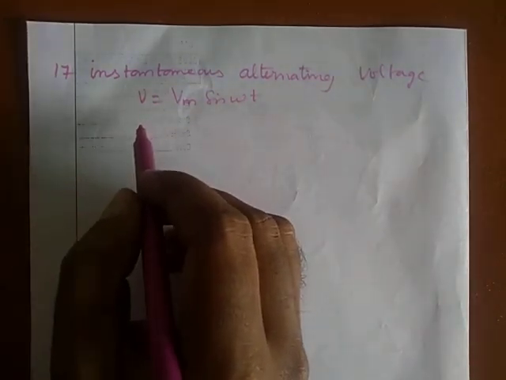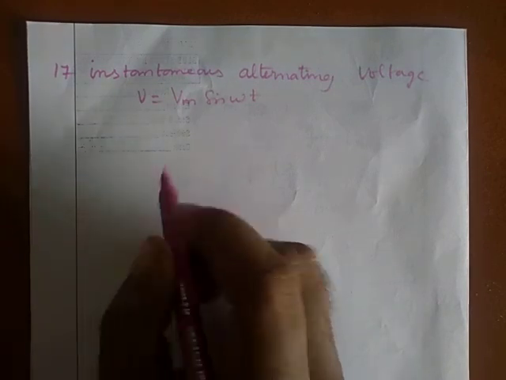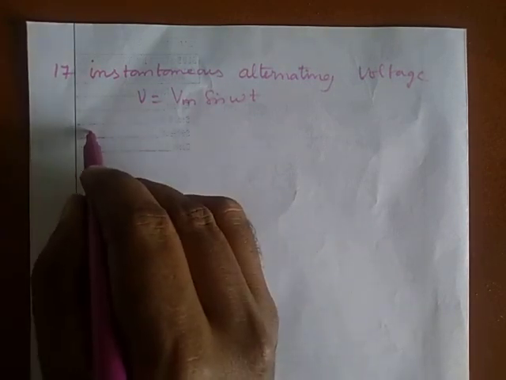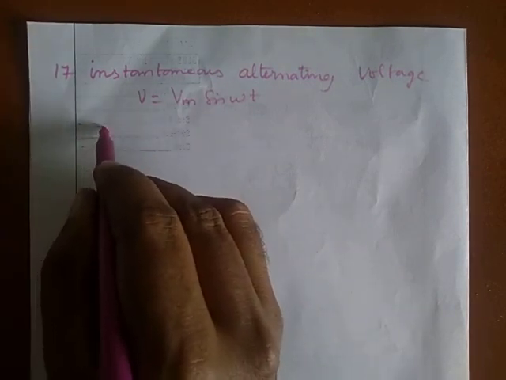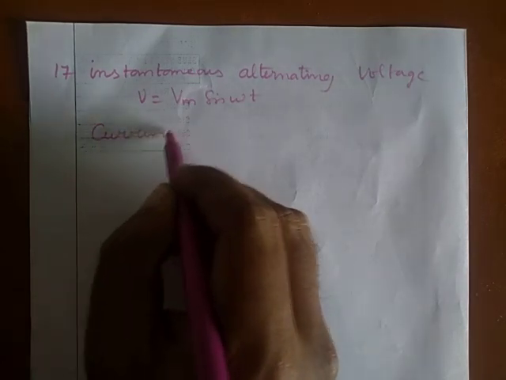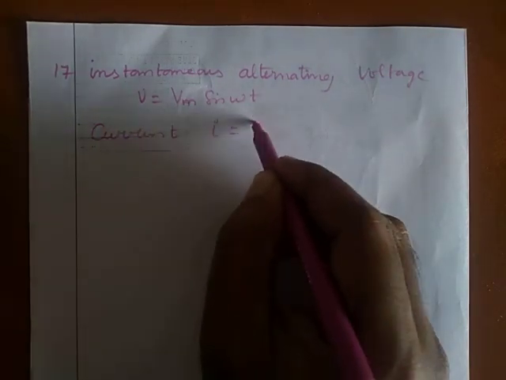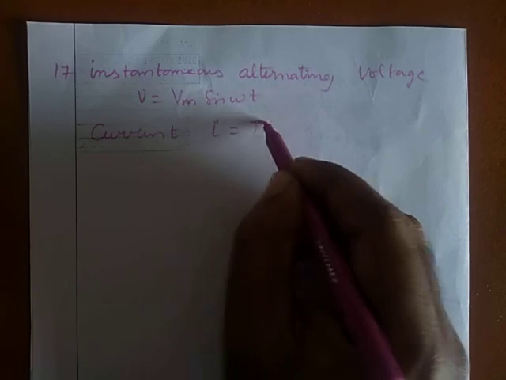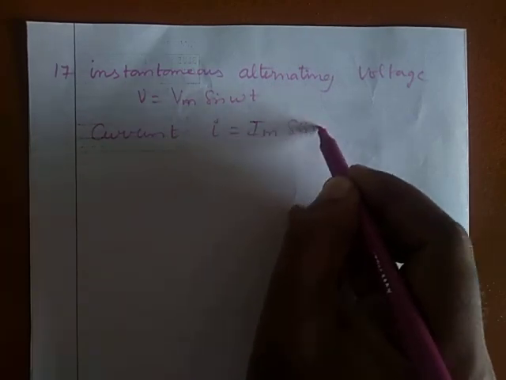Okay, and the instantaneous alternating current, that is I is equal to Im sin omega t.